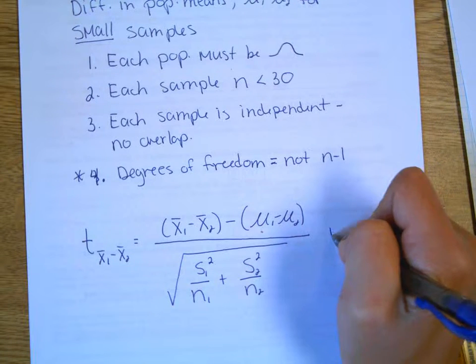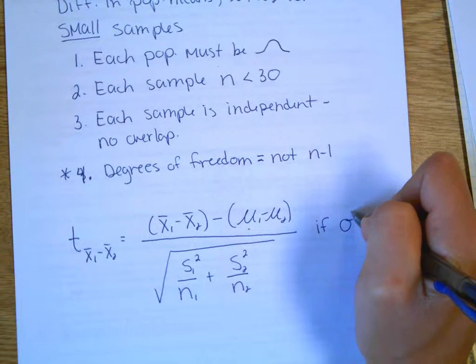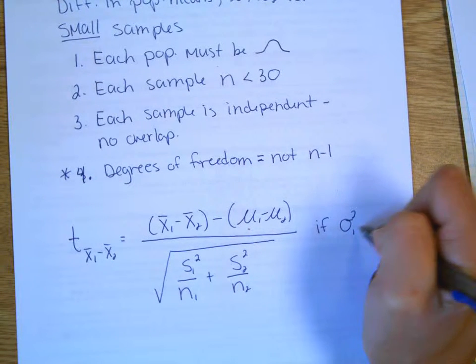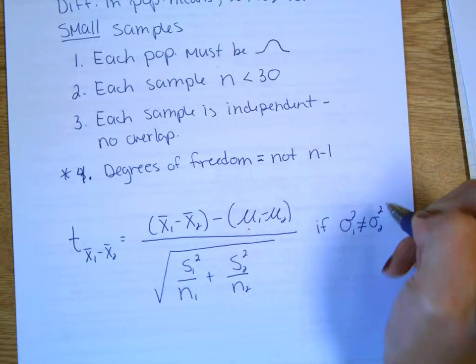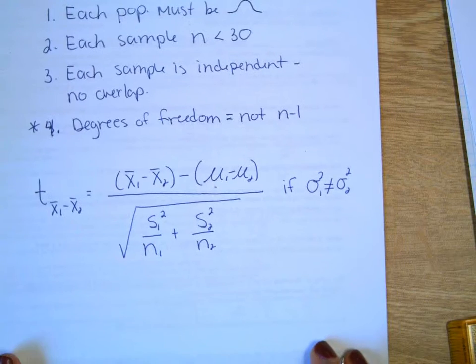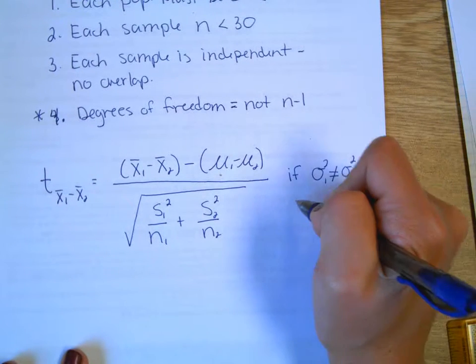You will use this formula if population variances are not equal. If population variances are not equal, they refer to this as not pooled data.